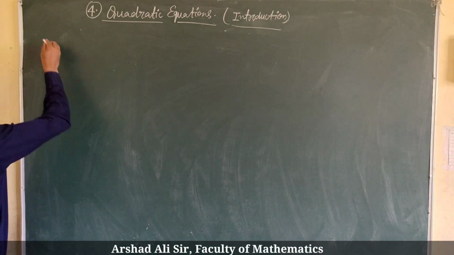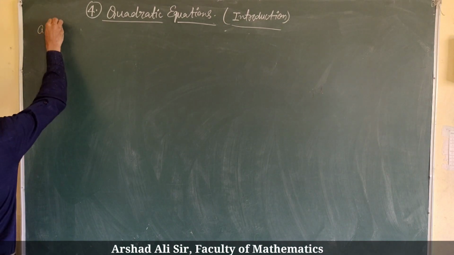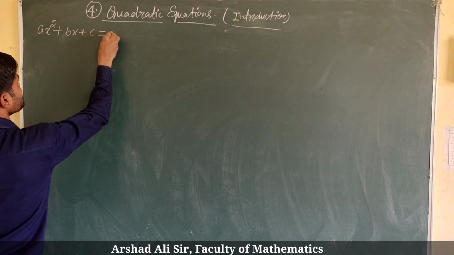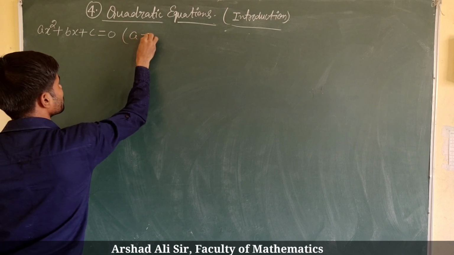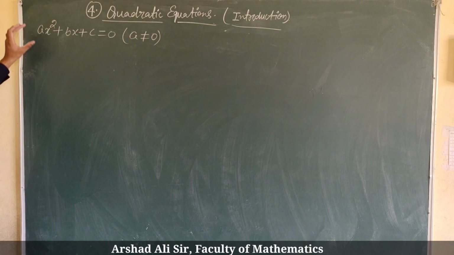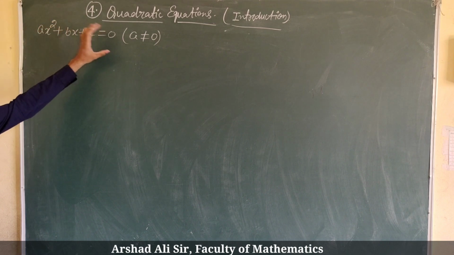Suppose we have a quadratic equation ax square plus bx plus c equal to 0, where a is not equal to 0.